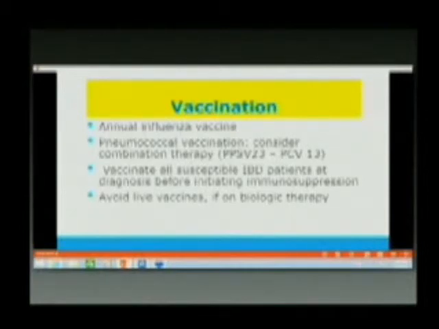Give these patients annual flu vaccine and, again, pneumococcal vaccine. What you prefer for your pneumococcal vaccine is to give your combination therapy, your PPSV23 and your PCV13. Usually you give your PPSV23, and then a year after you give your PCV13.